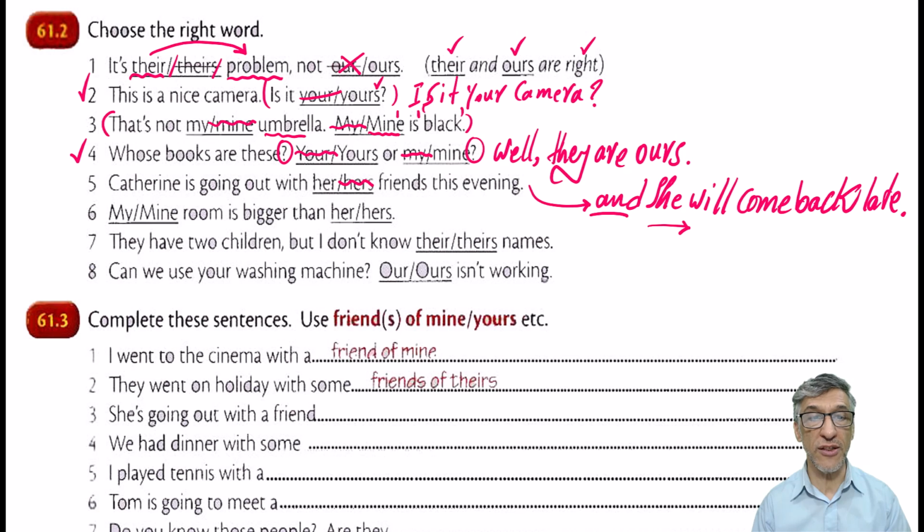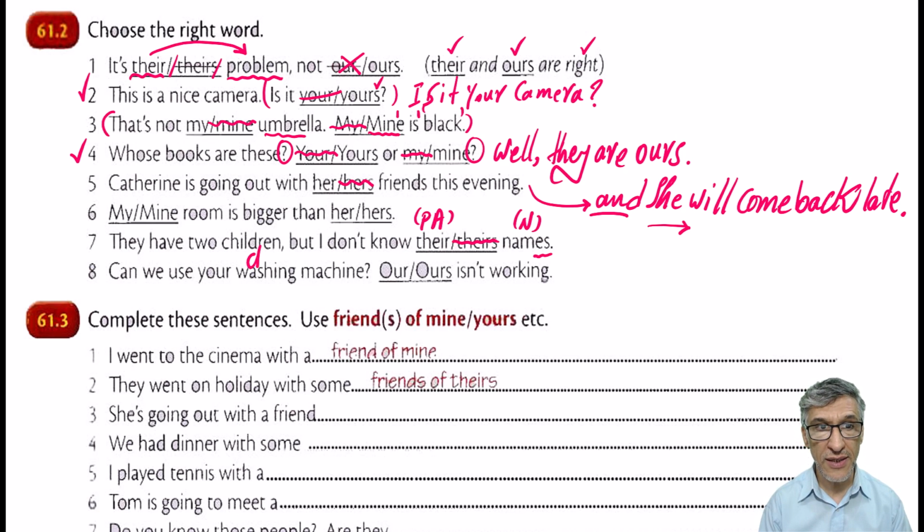They have two children, but I do not know names. We have a noun here. So we need a possessive adjective. Yes, possessive adjective. Okay, short forms. They have two children. Do you remember? Child and children. That's why child is one, children more than one.